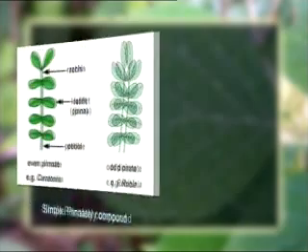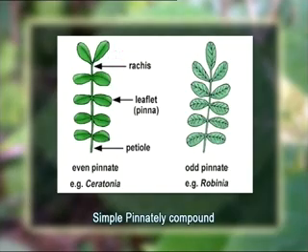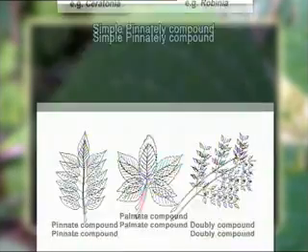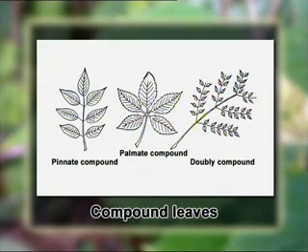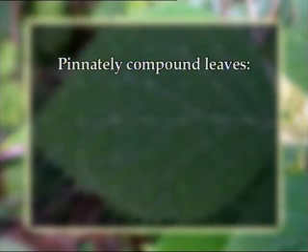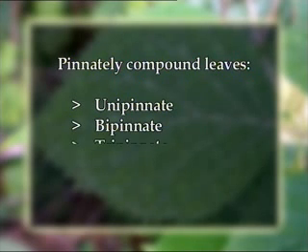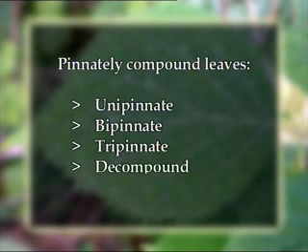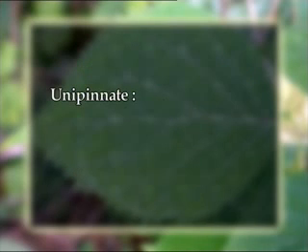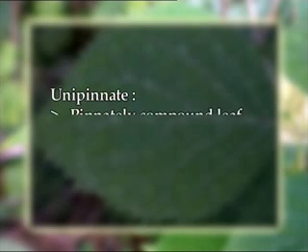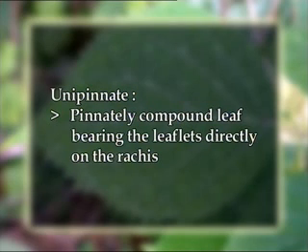Now, pinnately compound leaves. It's a compound leaf with the leaflets arranged along the sides of a common axis, the rachis. Pinnately compound leaves are of many types: unipinnate, bipinnate, tripinnate, and decompound. Unipinnate. A pinnately compound leaf bearing the leaflets directly on the rachis.